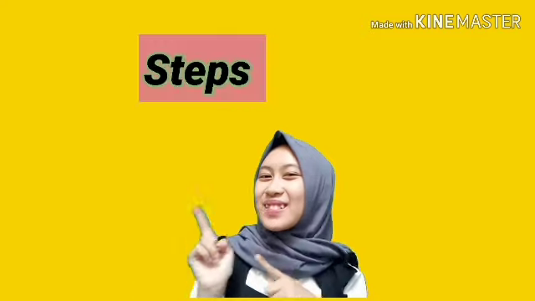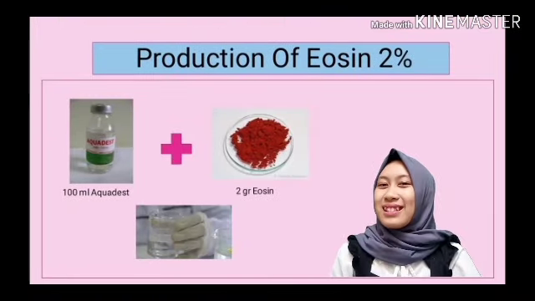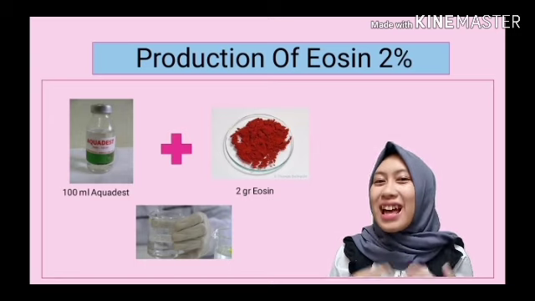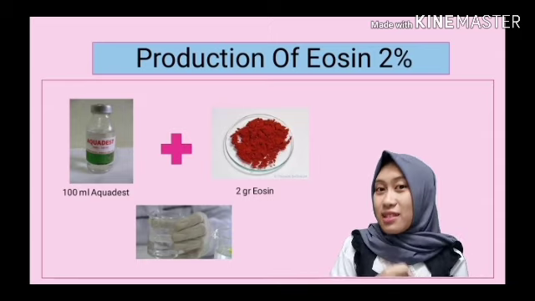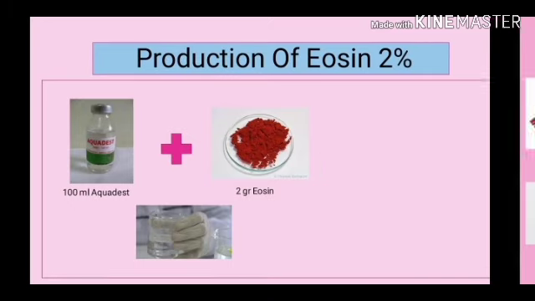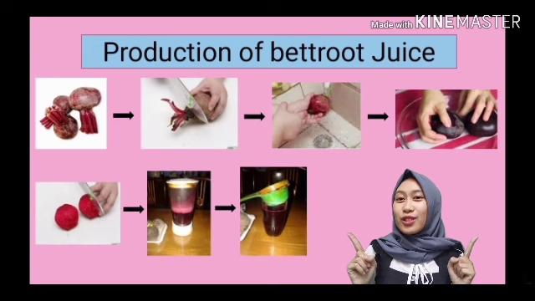Okay, let's go to the steps. First, production of eosin. Eosin was used as the control, made by dissolving 2 grams of eosin in 100 milliliters of aquadest. Next, make the beetroot juice.